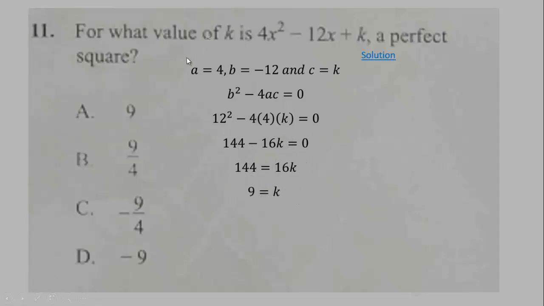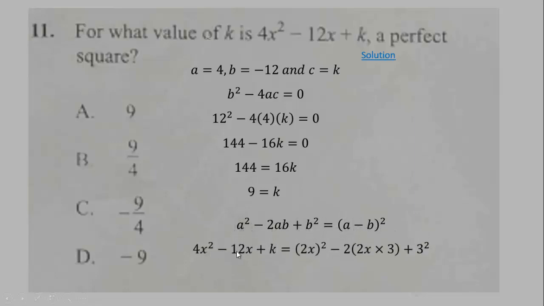And another way you can go about it is to see a squared minus 2ab plus b squared is of the form a minus b all squared. So this form is what is given here. So we have 4x squared minus 12x plus k. So these two here must be factored out of this to get 6x inside.